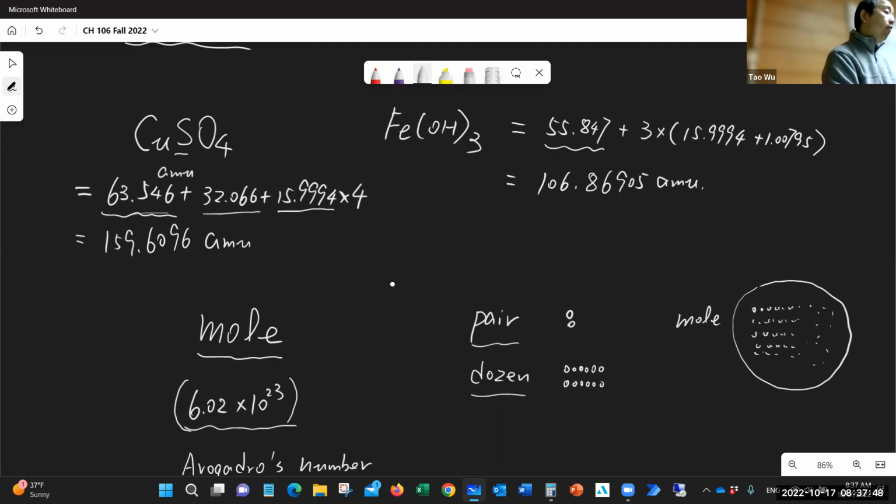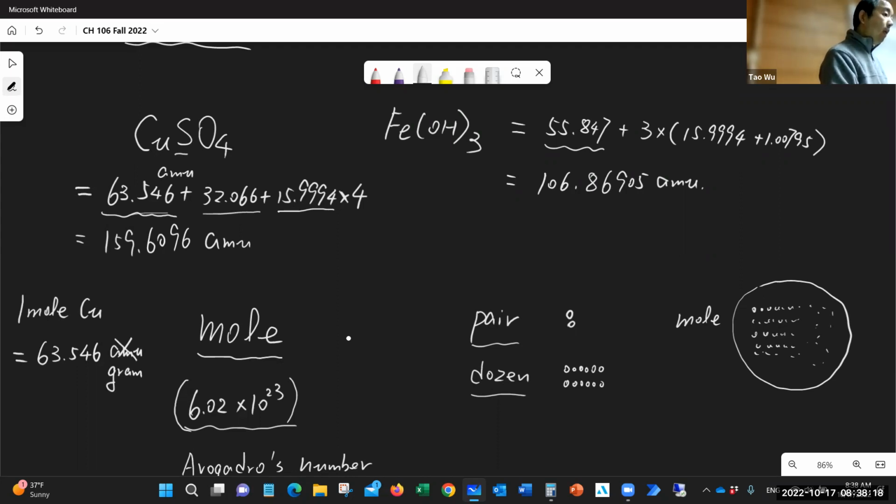But if we have 1 mole of copper together, it is still going to weigh 63.546. But the unit is not going to be AMU. Instead, it's going to become grams. So that is the beauty of using 1 mole.